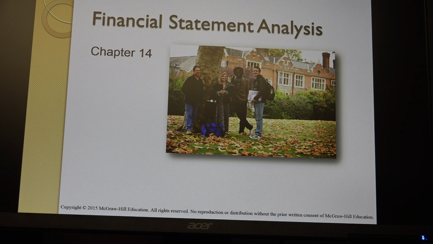First of all, in financial accounting, you could certainly fit this in financial accounting because obviously the financial statements are prepared in conformity with financial accounting standards. So the problem is you just can't fit all the chapters into one term. So you got to put it somewhere. So here we are in managerial accounting.